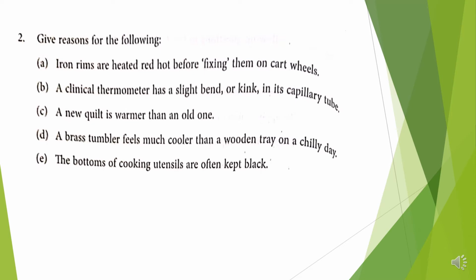C. A new quilt is warmer than an old one. D. A brass tumbler feels much cooler than a wooden tray on a chilly day. E. The bottom of cooking utensils are often kept black. So we have to reason out for all of these. Let us see.